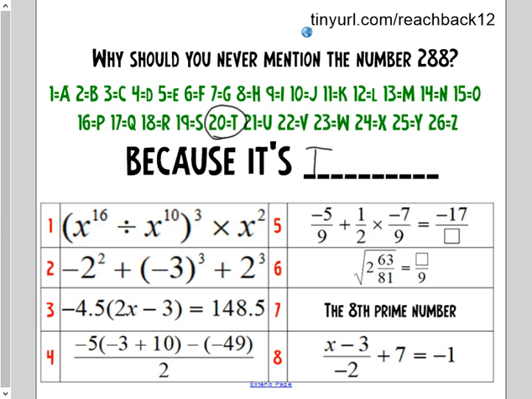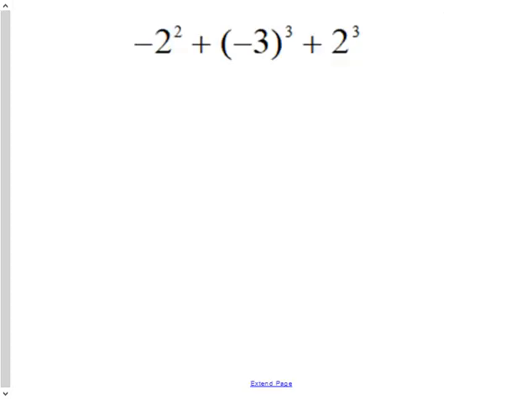Okay, let's go on to the next question. Question number 2. It says negative 2 squared. Remember, this here does not equal this. This kind of means the opposite of 2 squared, or a negative 1 coefficient of 2 squared, whatever you want to think of it as. So the opposite of 4 is negative 4. Plus negative 3 times negative 3 times negative 3 is negative 27. And 2 cubed is 8.